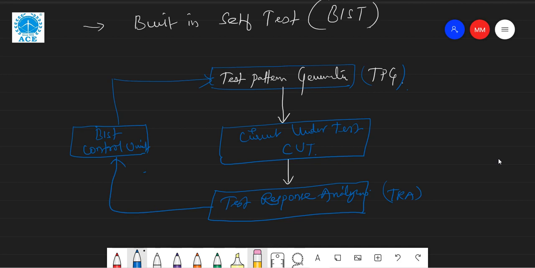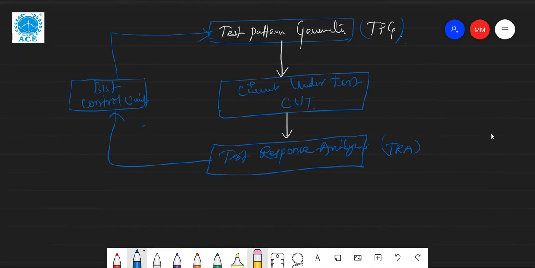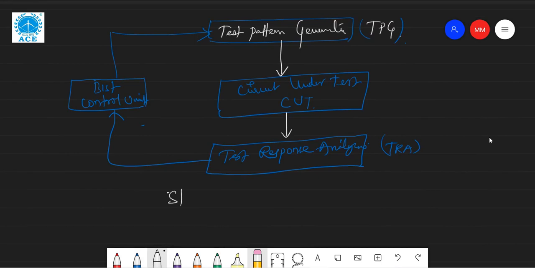So this is the basic structure of the BIST, built-in self-test, structure of BIST.